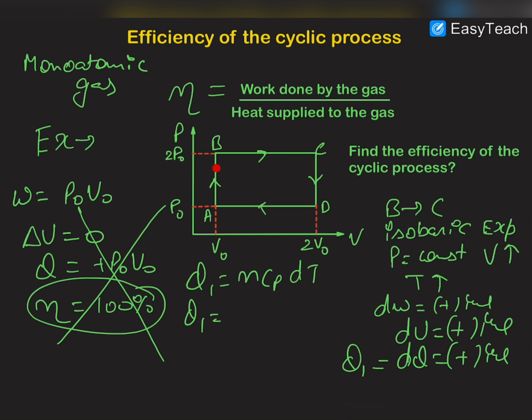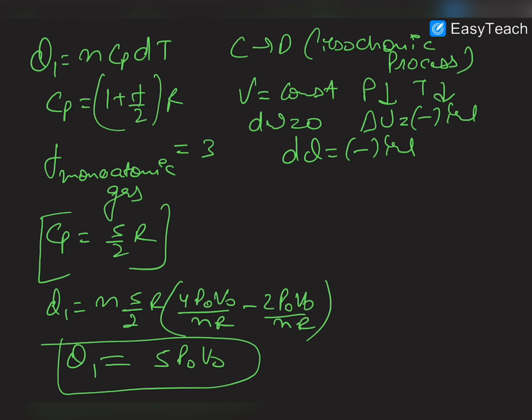Process AB is again an isochoric process in which pressure is increasing.